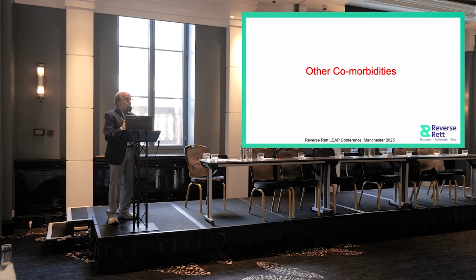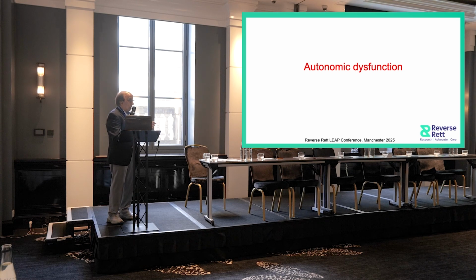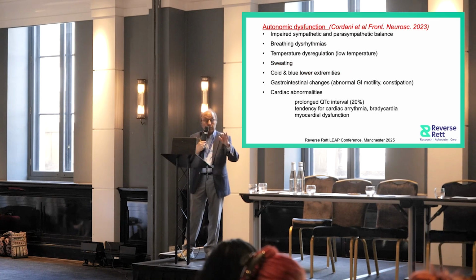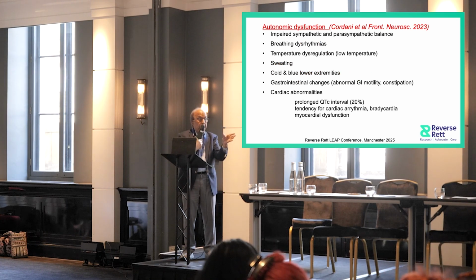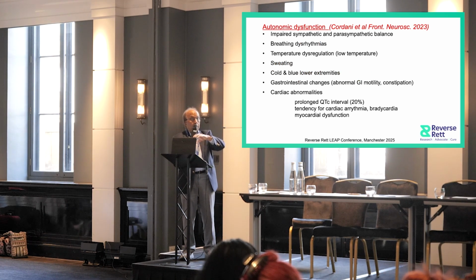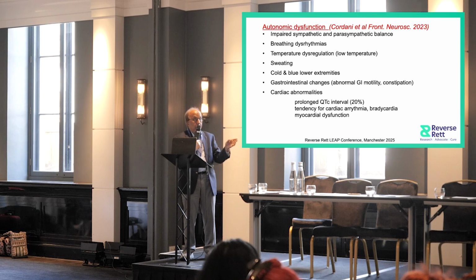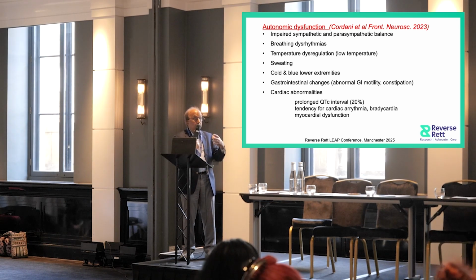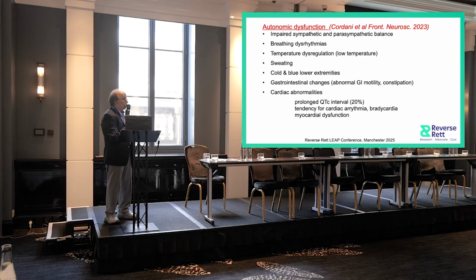Other abnormalities which may be seen in this patient, autonomic dysfunction, you heard the talk about that, so I will not go into the details, but in summary, you can have this imbalance between the sympathetic and the parasympathetic system. We talked about yesterday, we talked about this morning, the parasympathetic system being relaxation, and the sympathetic system being that acute response to a stress kind of situation.